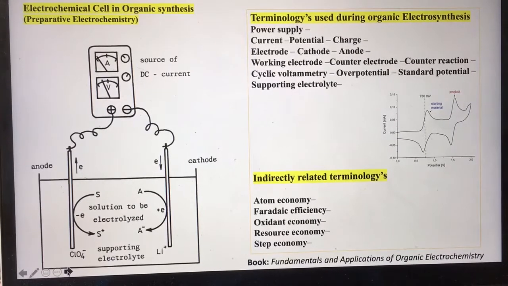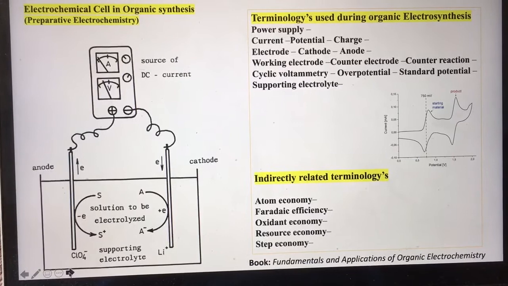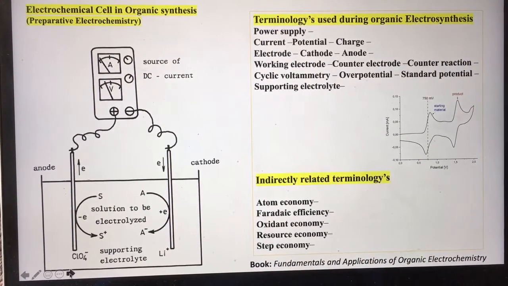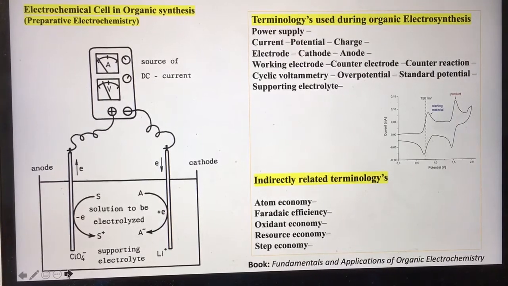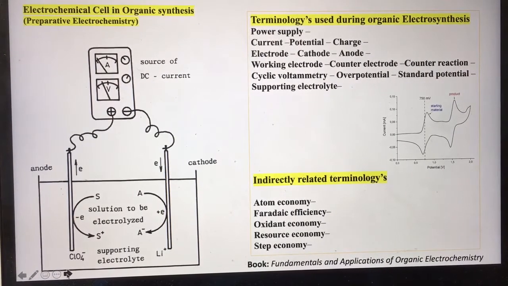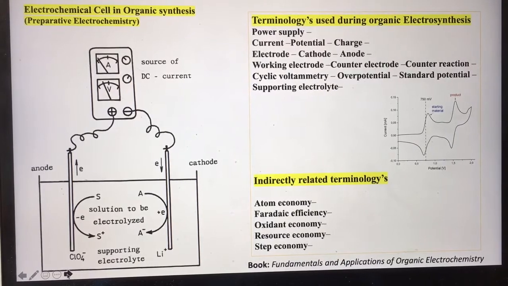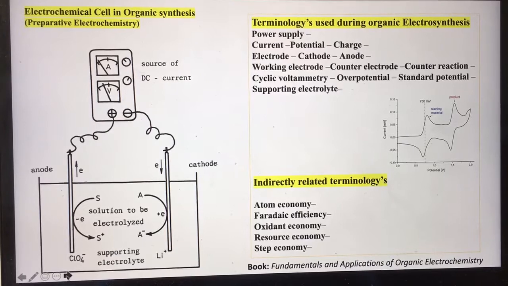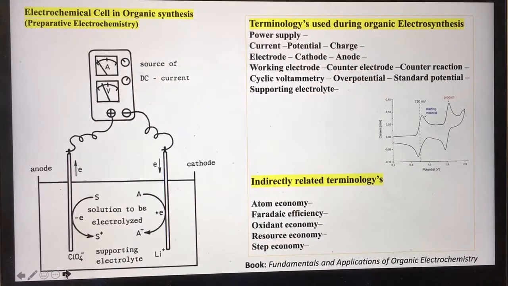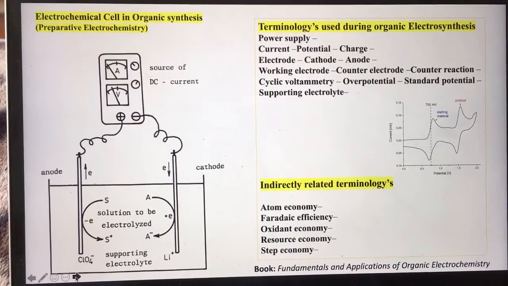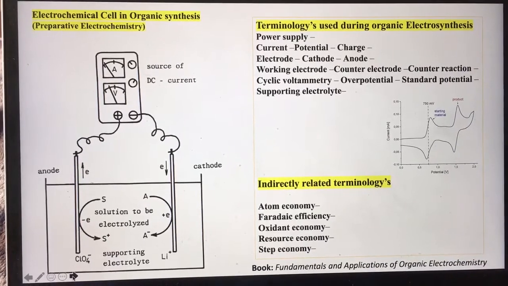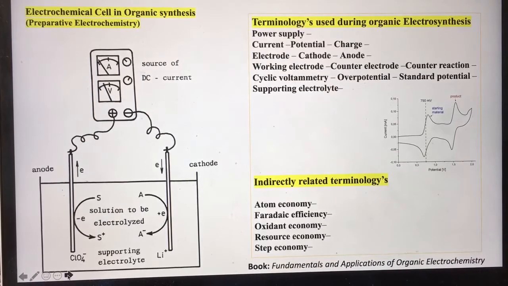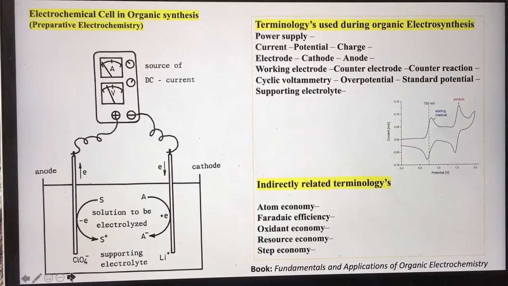Resource economy, minimizing the overall footprint of the chemical transformation as per complete life cycle analysis, including but not limited to the use of naturally abundant or renewable feedstock, solvent, metal catalyst, energy, and redox reagent. Step economy, reducing the number of reaction steps for efficient chemical synthesis.